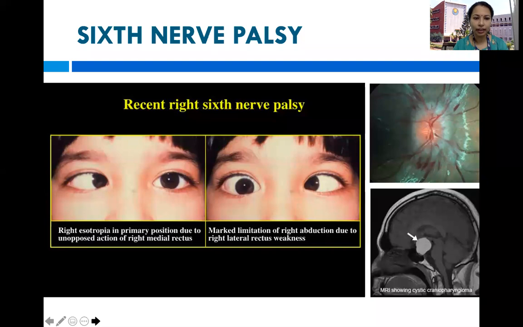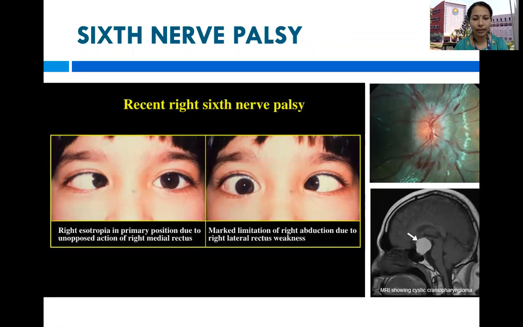The sixth cranial nerve supplies the lateral rectus muscle in the eye, and when there is a palsy of the sixth nerve, it results in esotropia of the eye in primary position due to unopposed action of the medial rectus, and also marked limitation of abduction in the affected eye due to the lateral rectus weakness, as you can see in this picture.